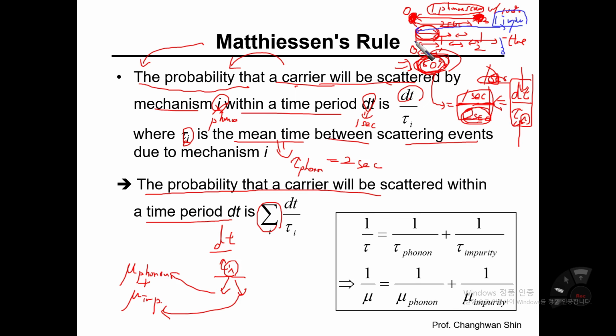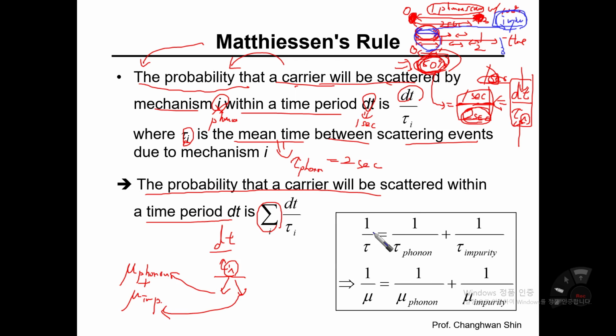So if we wait for 3 seconds, with 100% probability you're going to see a single impurity scattering. And now the time window is still 0 to 1. Then within this 1 second time period, do you believe you can see a phonon scattering as well as impurity scattering together? If so, what is the probability value?